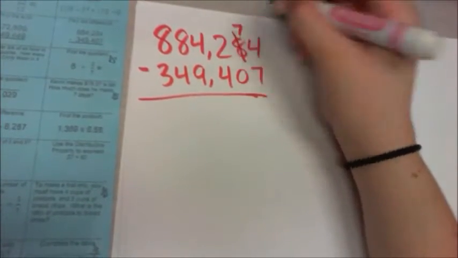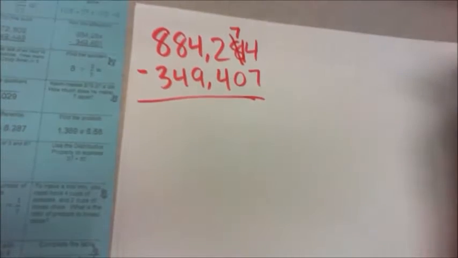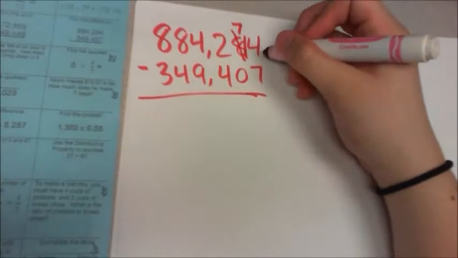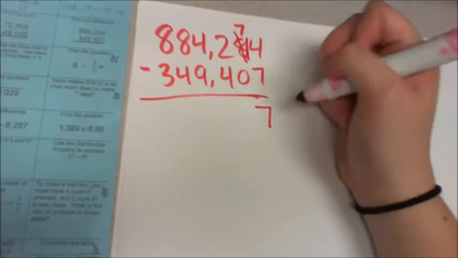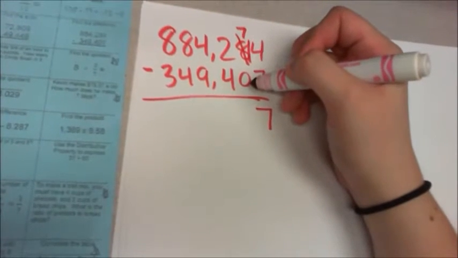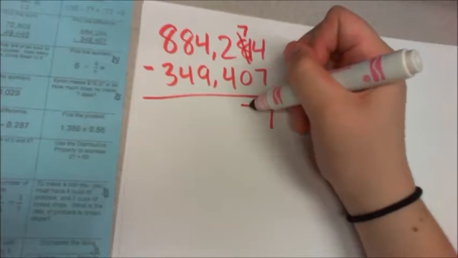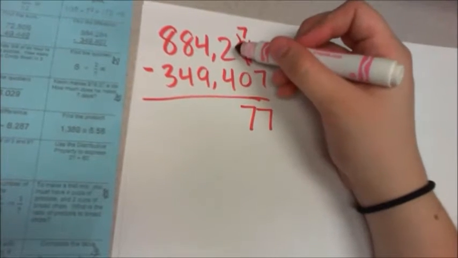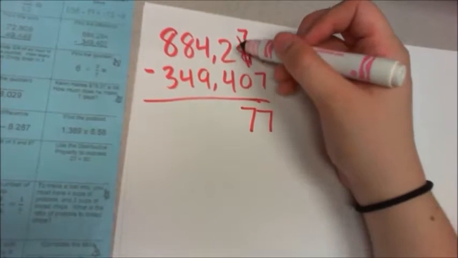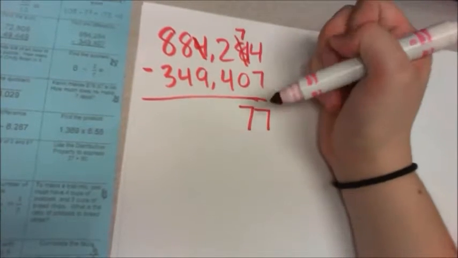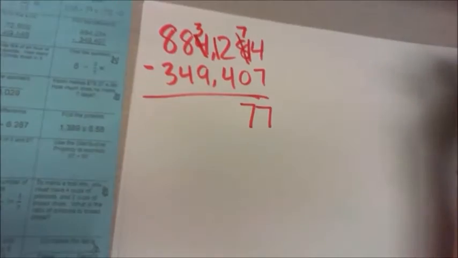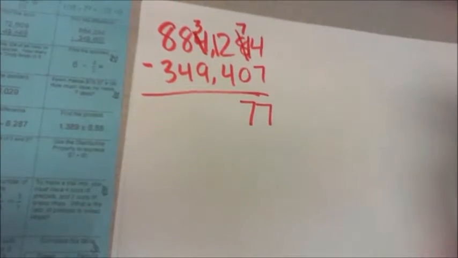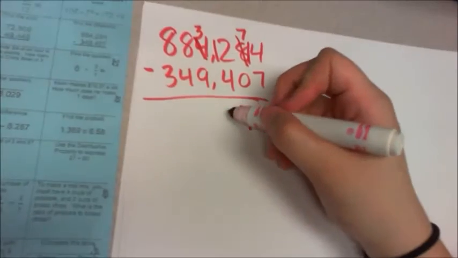The 8 becomes a 7, and this 4 becomes a 14. 14 minus 7 is 7. 7 minus 0 is 7. I cannot do 2 minus 4, so I must borrow from the 4. 4 becomes a 3, 2 becomes a 12. 12 minus 4 is 8.